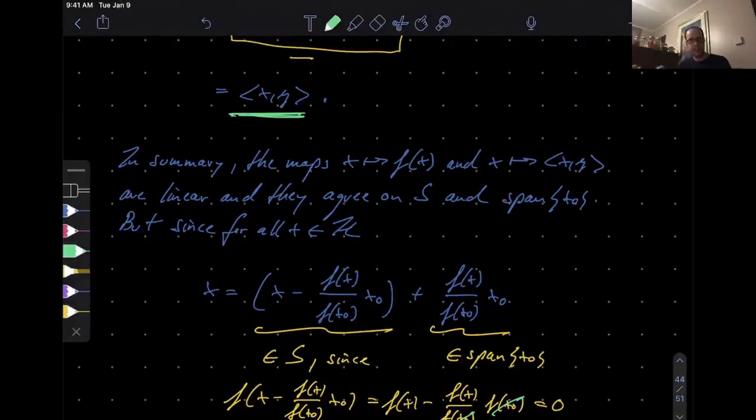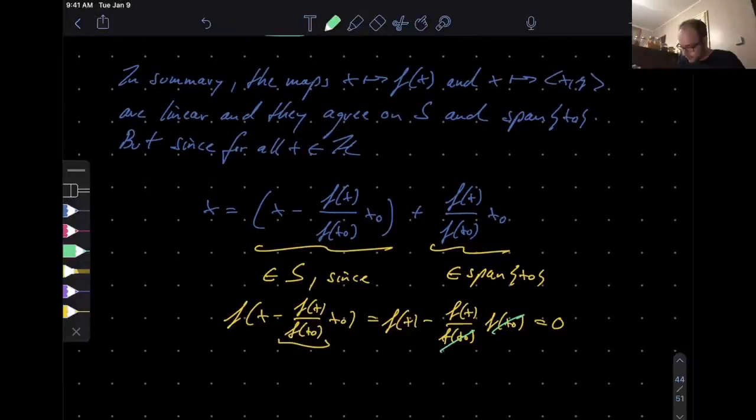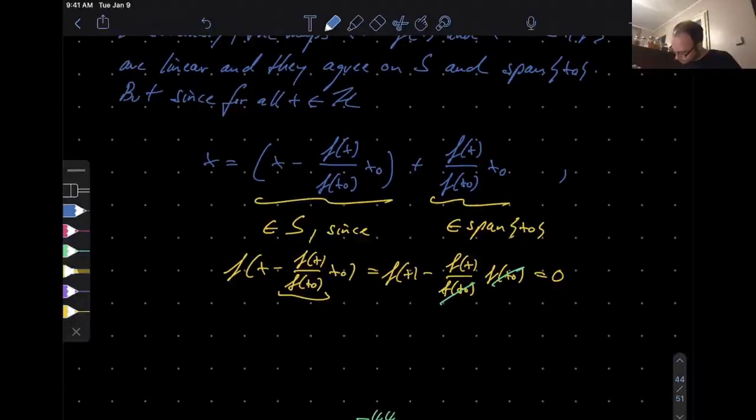So immediately, by this decomposition, you know f(x) and the inner product of x with y are equal to one another on the whole space, by linearity. So we obtain from this that f(x) is the inner product of x with y for all x in H. Okay, that's the first thing.